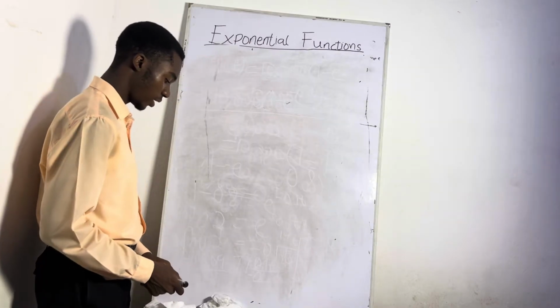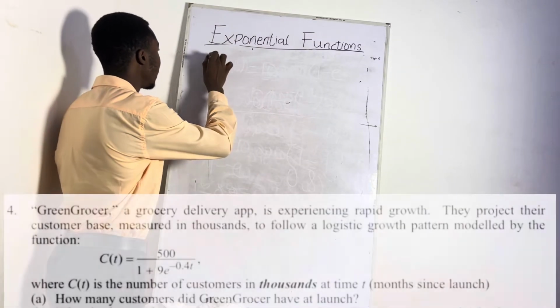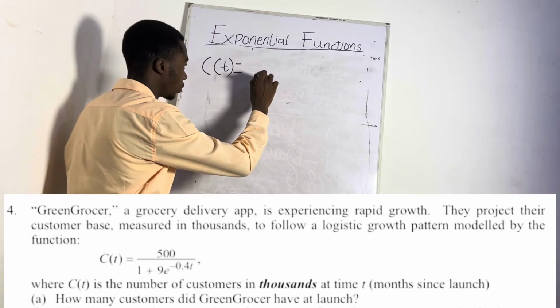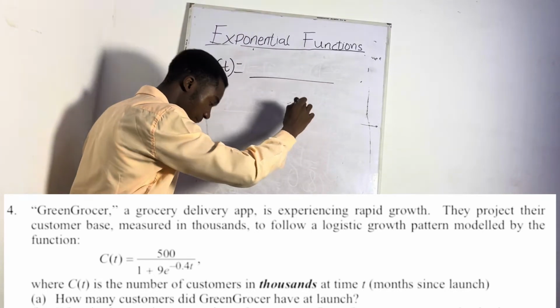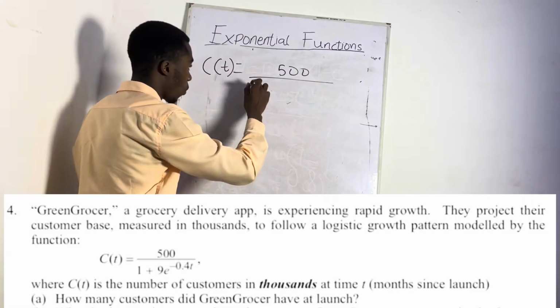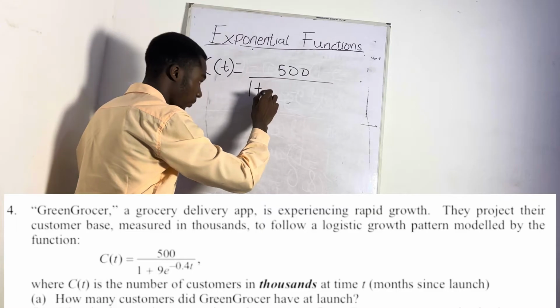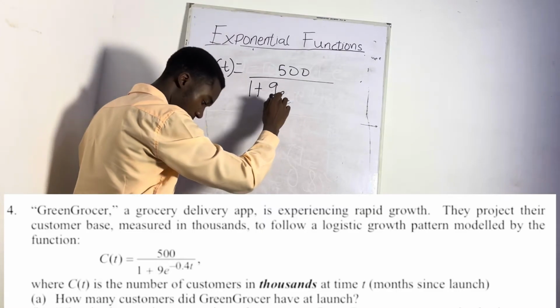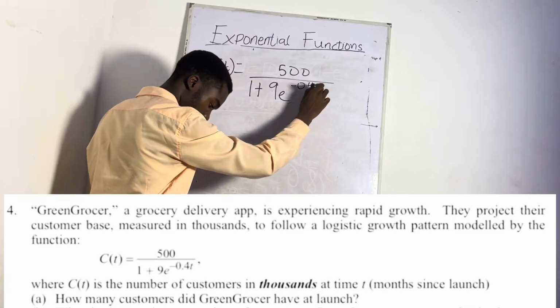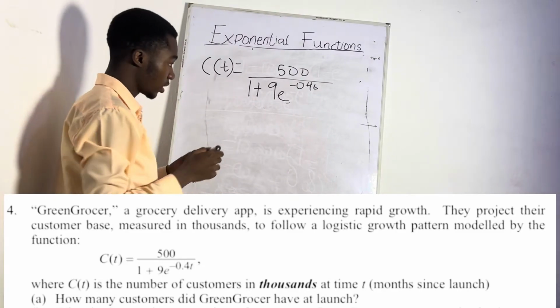So let me write the function they've given to us in the question. C(t) is equal to a fraction with a numerator 500 over 1 plus 9e^(-0.4t). All right, so this is what we've been given.